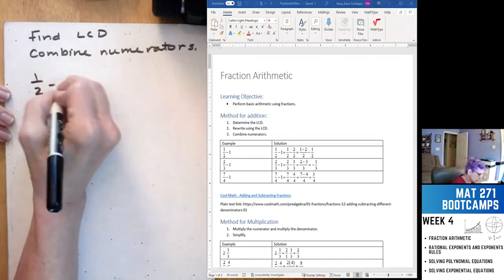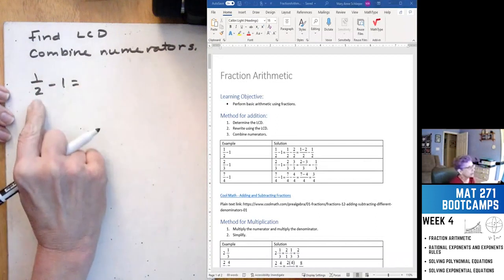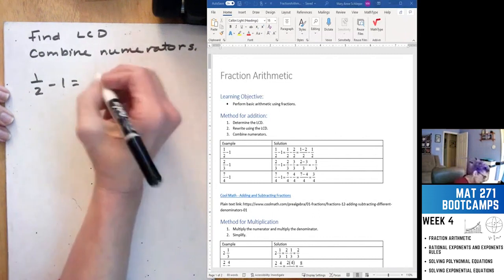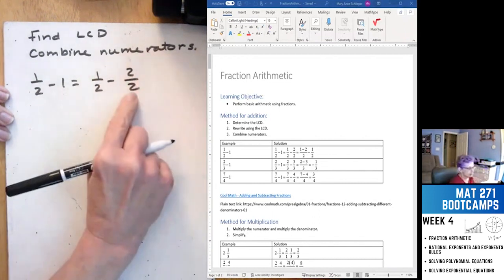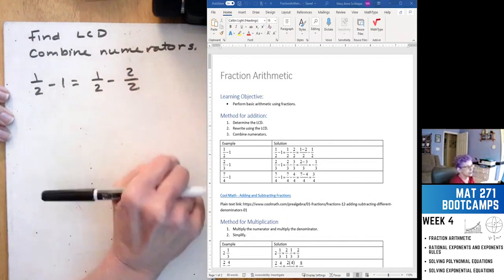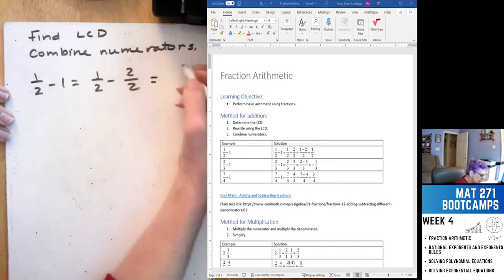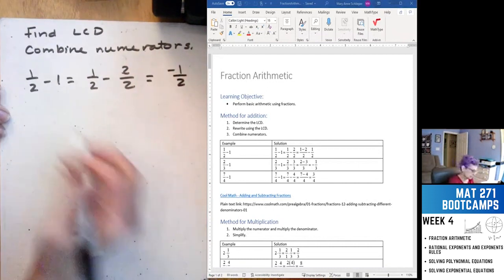So 1/2 minus 1. You need a denominator of 2. Nice thing about subtracting 1, it's always just the denominator and numerator are the same. So then it's just 1 minus 2. Keep your denominator.